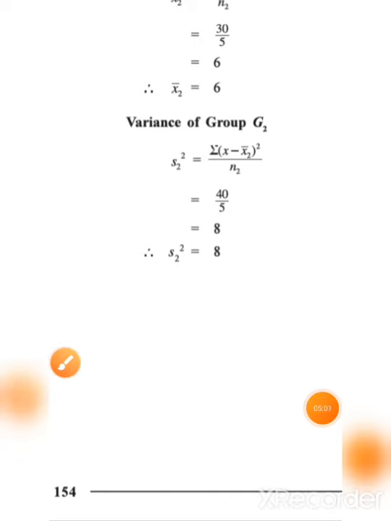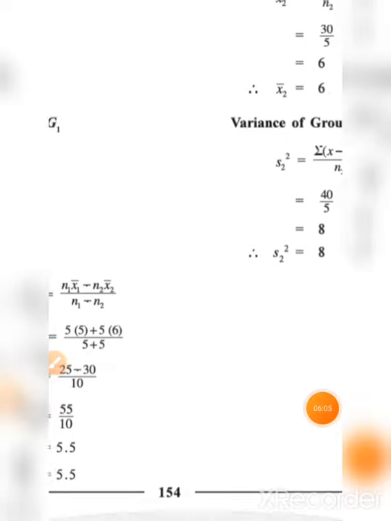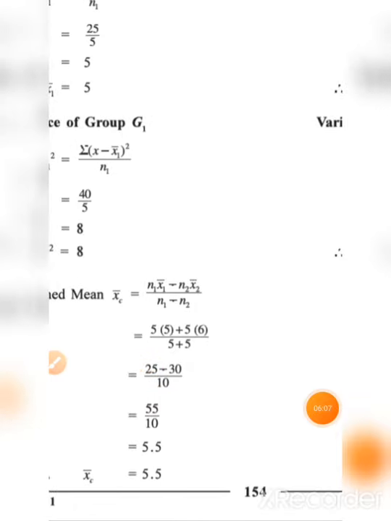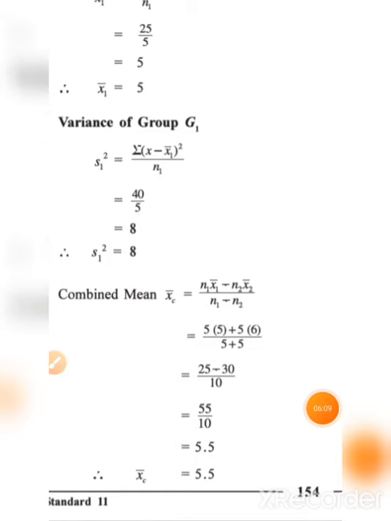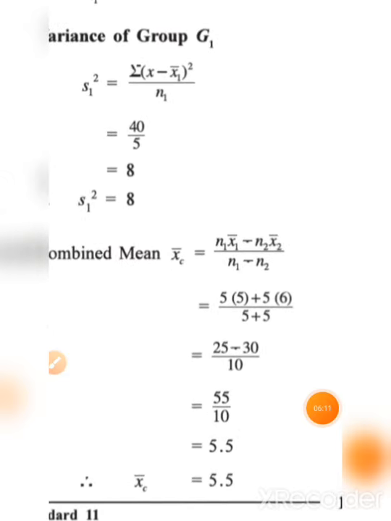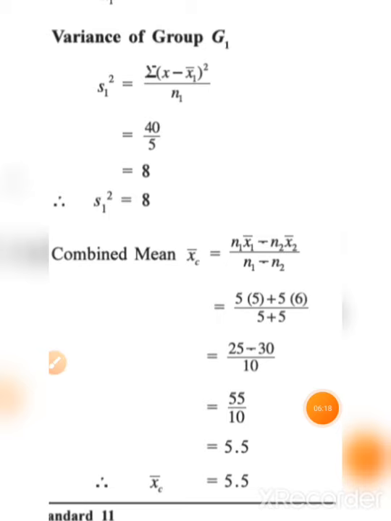Now after finding the variance, we need to find the combined mean. For the combined mean, as you know, our symbol is x bar c, right? And it is n1 x bar 1 minus n2 x bar 2 whole upon n1 minus n2.